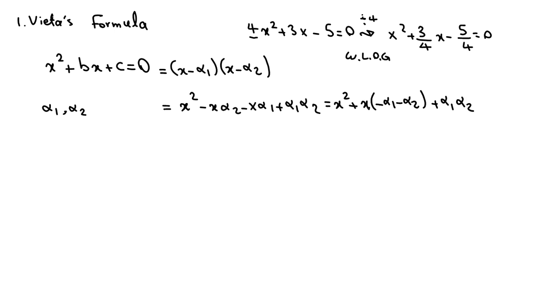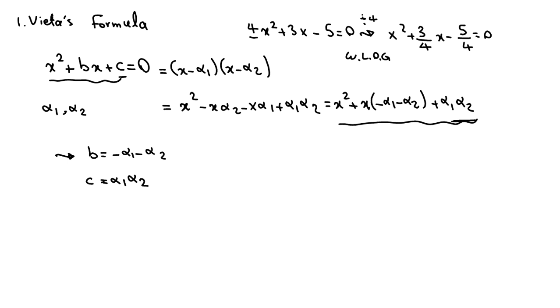And if we consider this equation and this, they are equal, so the coefficients are equal. So we conclude what? b, the coefficient of x, equals negative alpha 1 negative alpha 2, and c, the constant, equals alpha 1 times alpha 2.